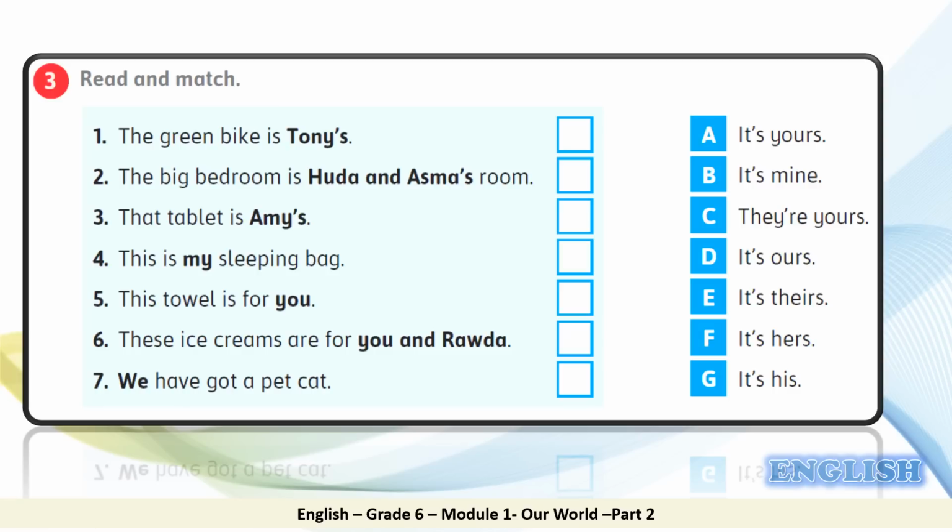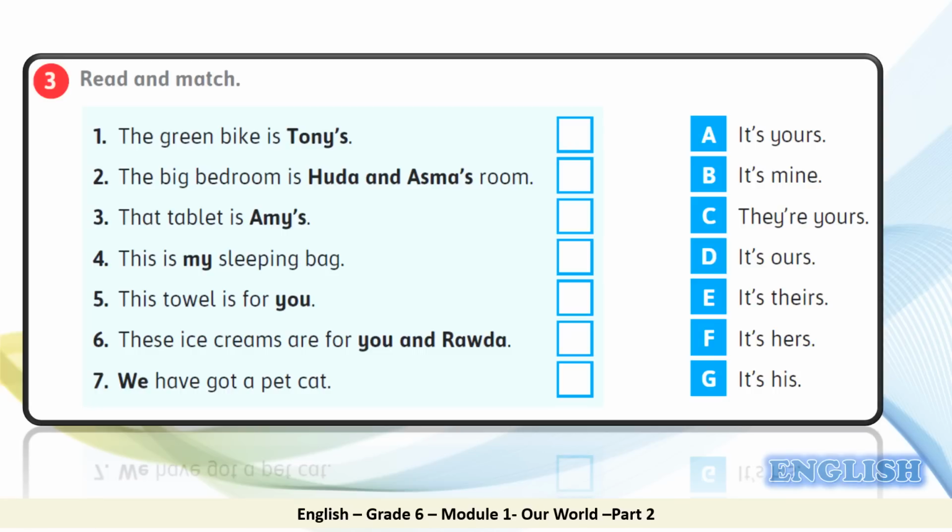Before we do this, let's read the ones on the right. A, it's yours. B, it's mine. C, they are yours. D, it's ours. E, it's theirs. F, it's hers. G, it's his.